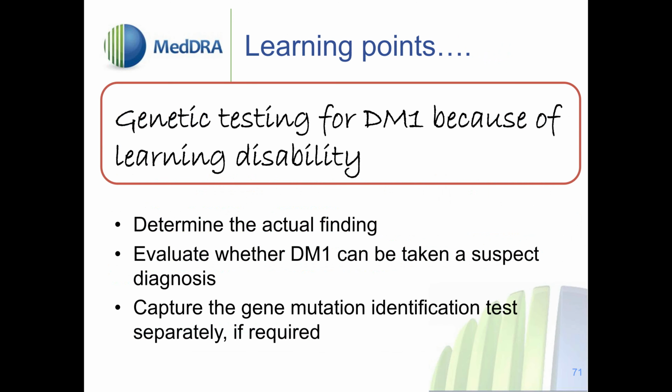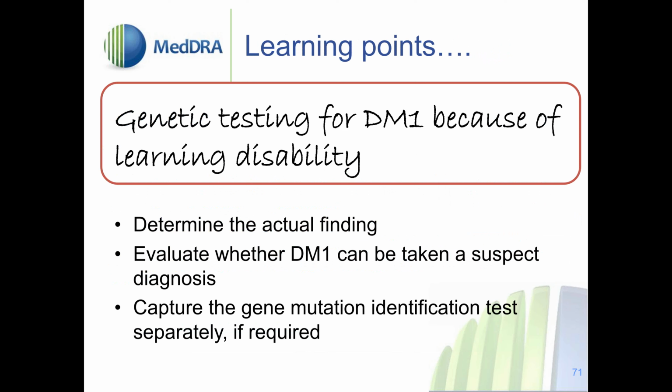So our learning points here: we would determine the actual finding. We would evaluate whether DM1 can be taken as a suspect diagnosis, and to some extent you have your medical judgment here. Firstly, is DM1 an acceptable abbreviation? We feel it is, based on what else we know.